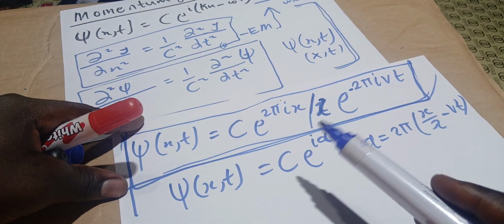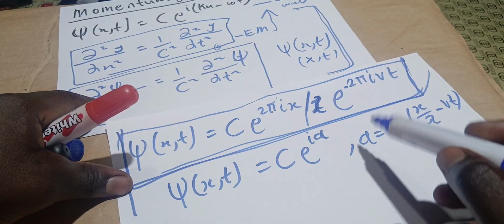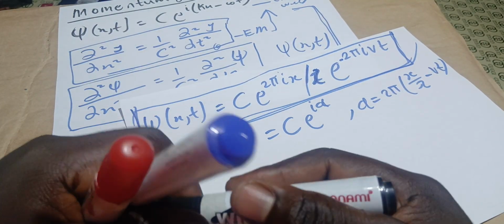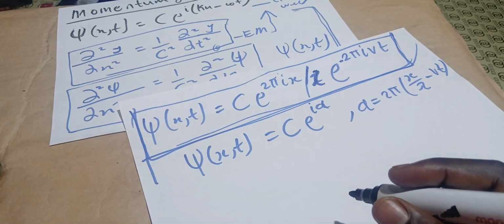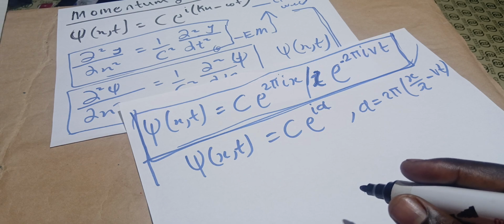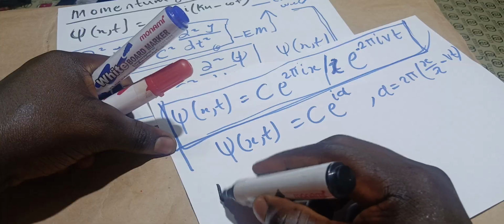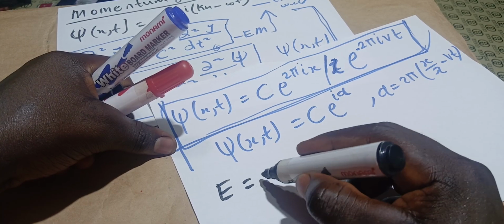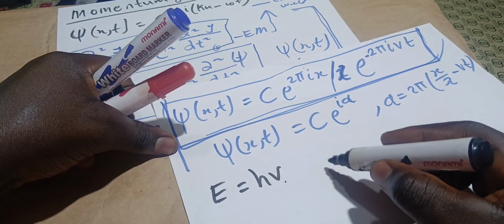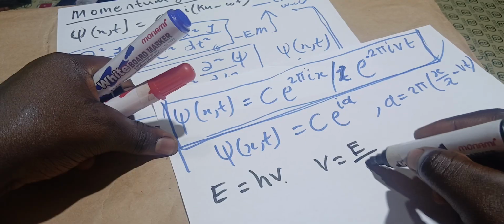So we are going to stand on this wave function and apply the Planck-Einstein relation and de Broglie's relation. The Planck-Einstein relation is E equals h v. So let's make v the subject here. We are going to get v equals E over h.